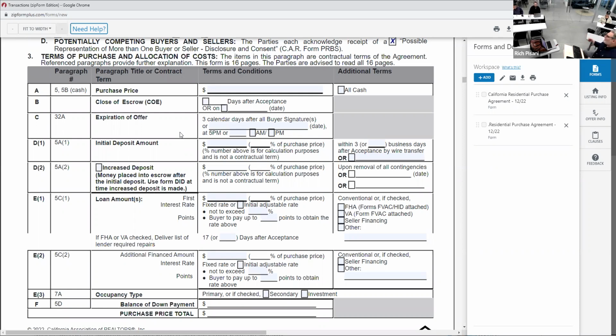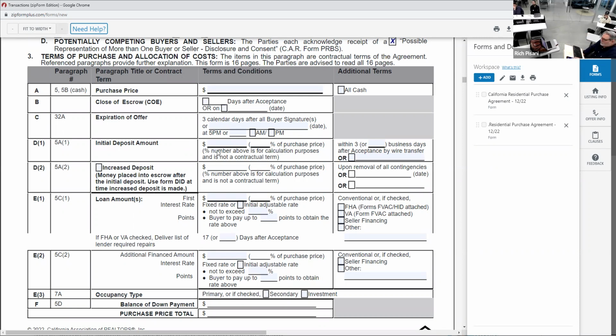So I'm putting so much down to solidify this deal, or to get it going, but then something's going to happen, and then I'm going to put more down.